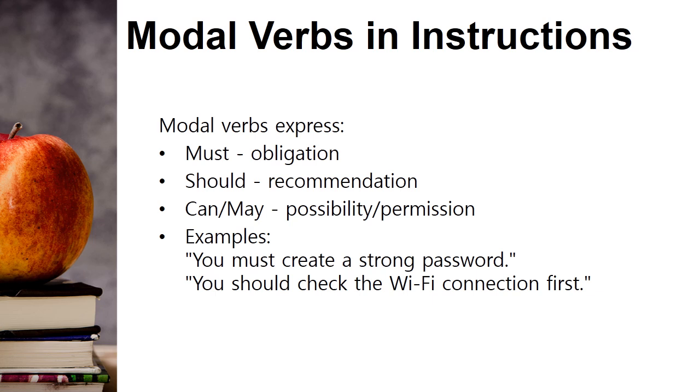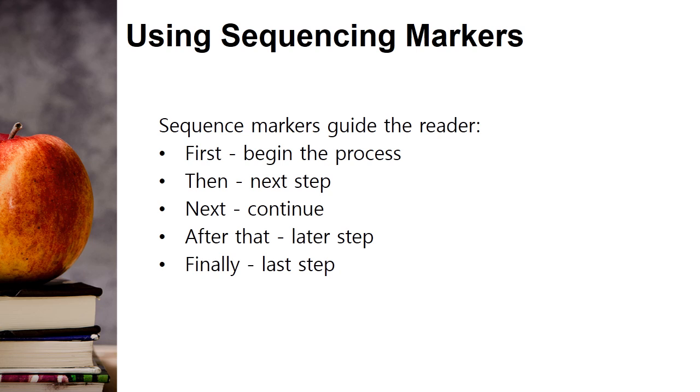For example, you must create a strong password. Here we understand that this action is mandatory. It is an obligation. You should check the Wi-Fi connection first. This action is not obliged.